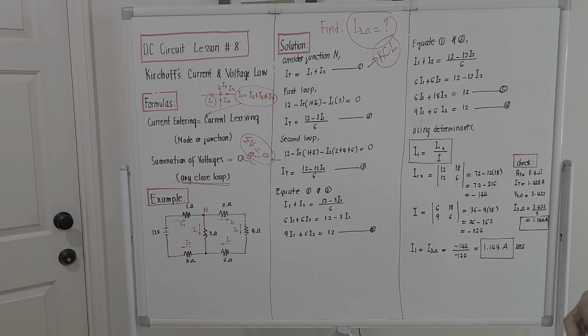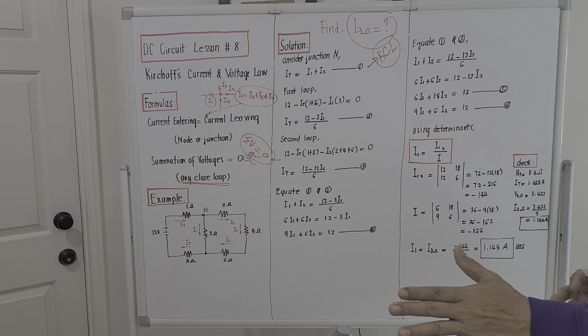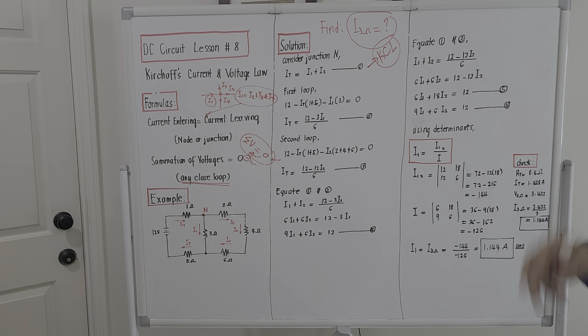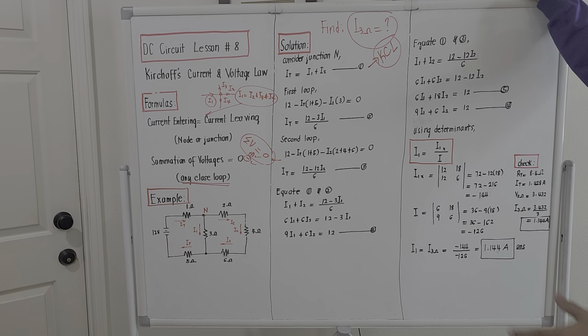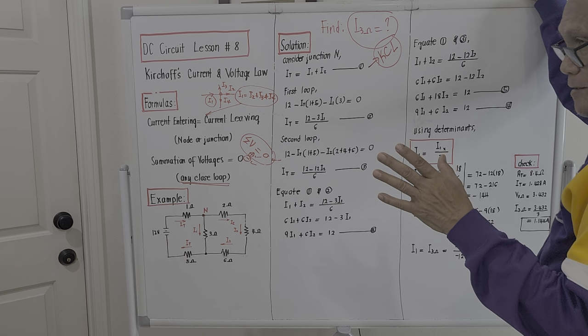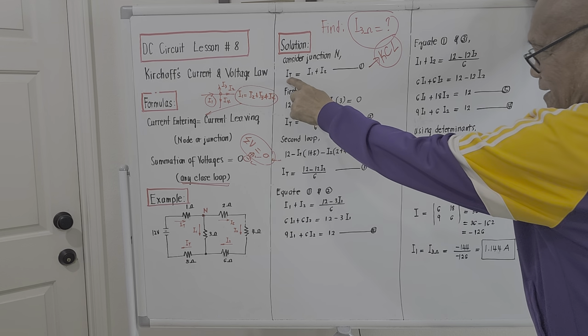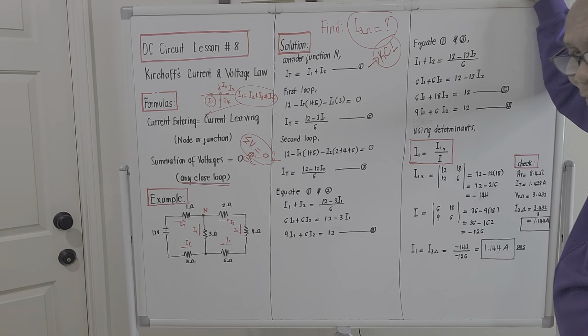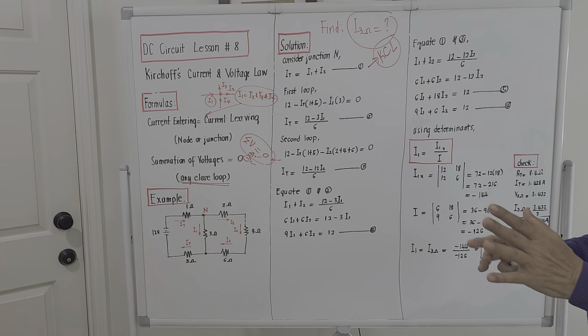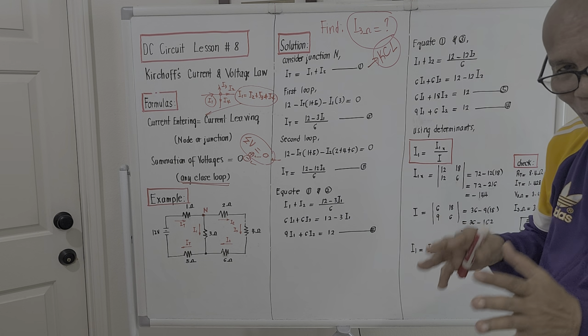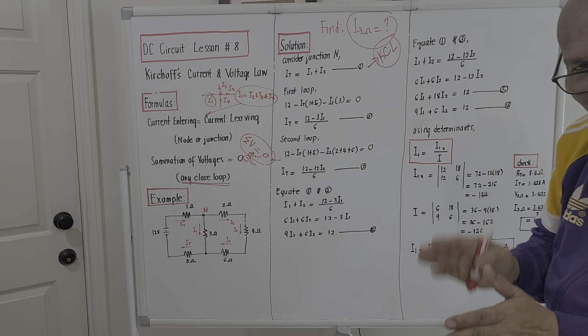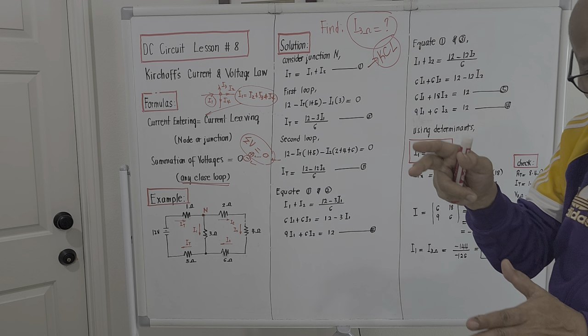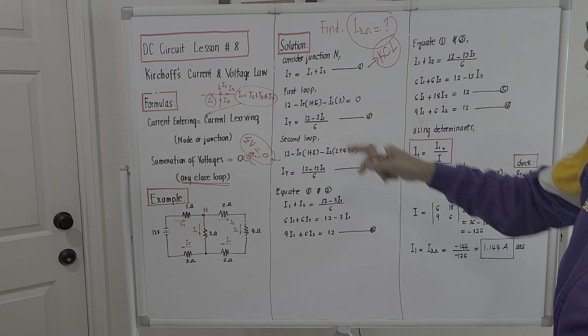Considering any junction, current entering should be equal to current leaving. So actually, we got three unknowns: I total, I sub 1, and I sub 2. For the meantime, we got three problems. But don't worry, we will be bringing out another two equations to eliminate the other one, so we could solve simultaneously the unknowns. Okay, first loop.